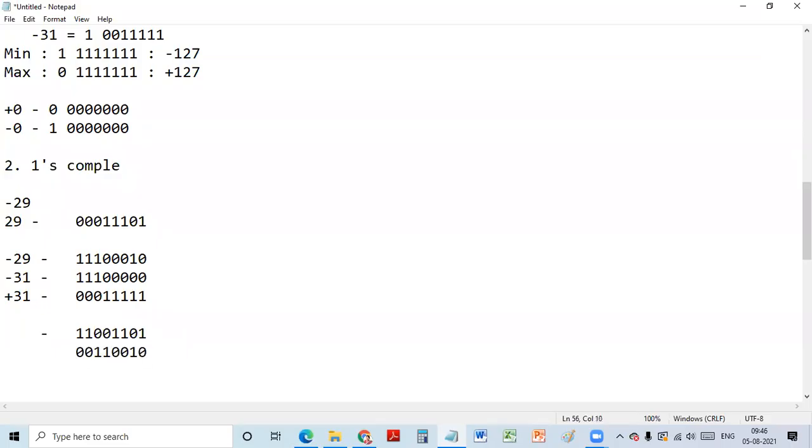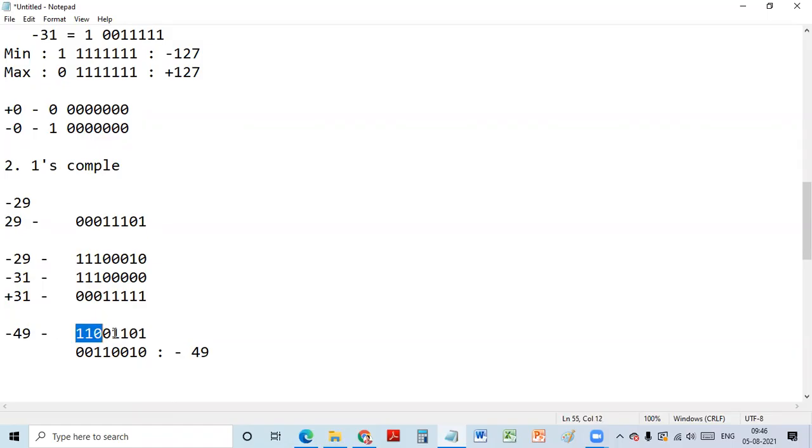And now apply the powers of 2: 2 power 0, 2 power 1, 2 power 2, 2 power 3, 2 power 4, 2 power 5. 32 plus 16, 48 plus 1, which is nothing but 49. So the value is 49. Since we got this magnitude after one's complement, it says that my number is negative, so it is minus 49.